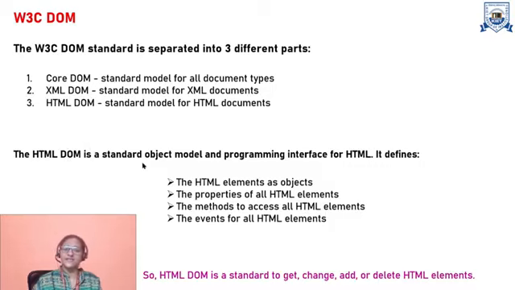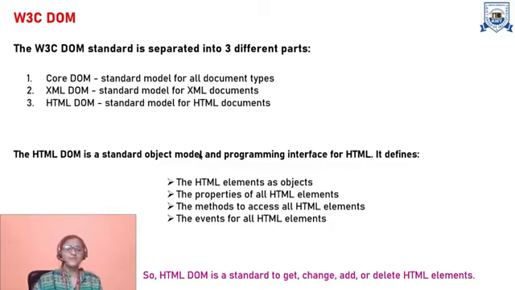It is a standard object model and programming interface for HTML. It defines the HTML elements and objects, the properties of all HTML elements, the methods to access all HTML elements, and the events for all HTML elements.